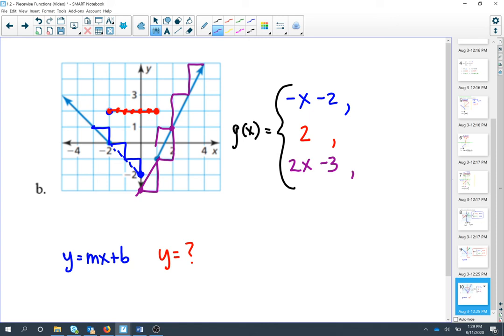Now from here we have to go find our boundaries, and I'm going to erase a little bit so that we can see what's going on a little better. It looks to me like we've got a couple boundaries. Our first boundary I'm seeing is right here, and the second boundary I'm seeing is right here.